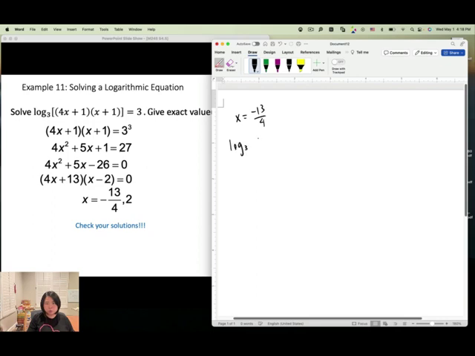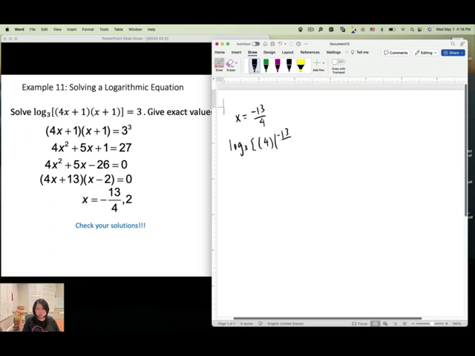We have log base 3 of 4 times negative 13 over 4 plus 1, plus log base 3 of negative 13 over 4 plus 1 equal to 3. And I want to know if this is equal.